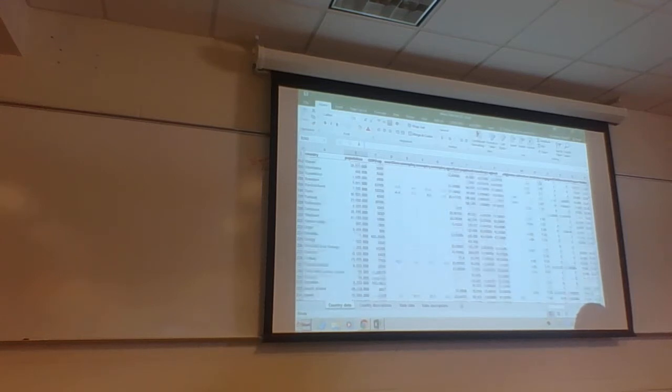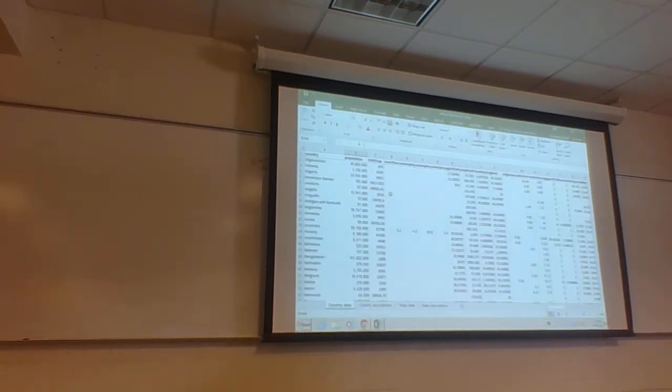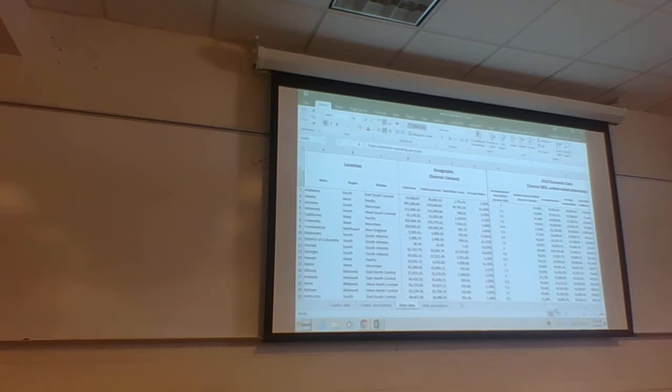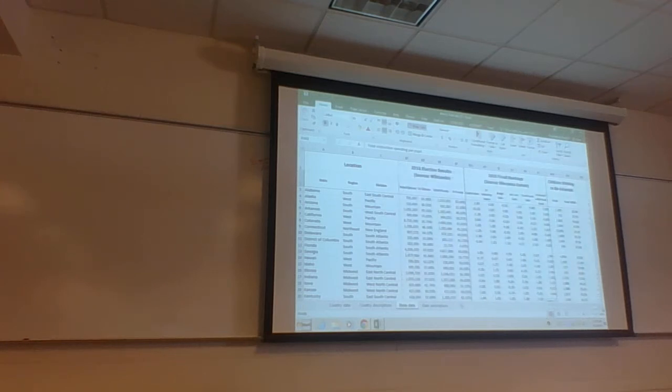Let's work with the country data. Maybe actually faster for everything. Yeah, let's work with the state data. Let's work with the state data this time.